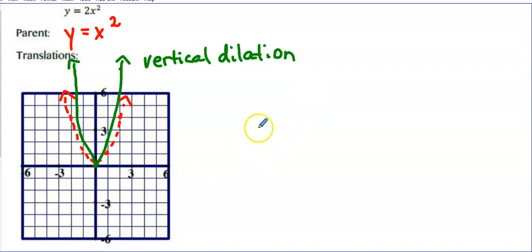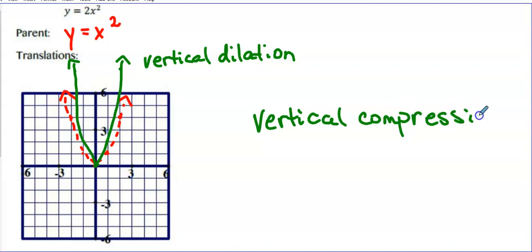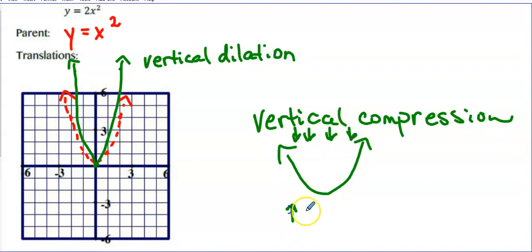A vertical compression means that it's squeezed from the top and the bottom, so it would look more like this. Vertical dilation is like the marshmallow being stretched from the top and the bottom, so it gets skinnier. Okay, so vertical dilation of 2 is our transformation here.